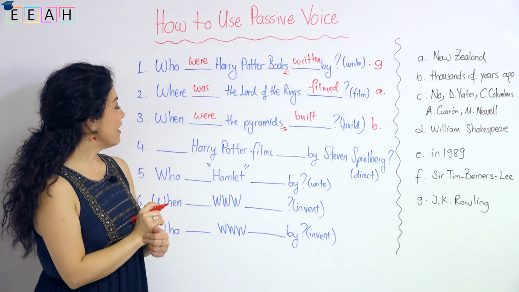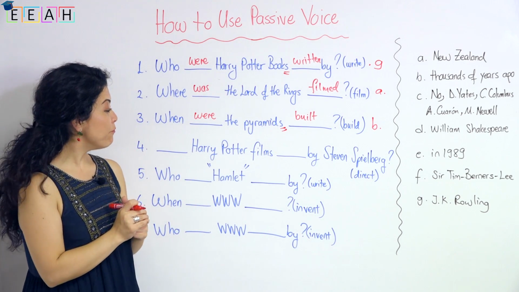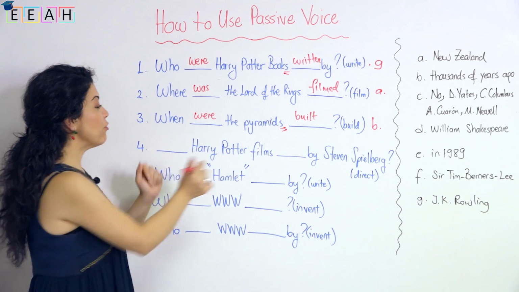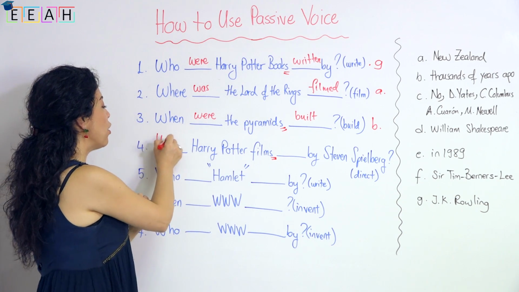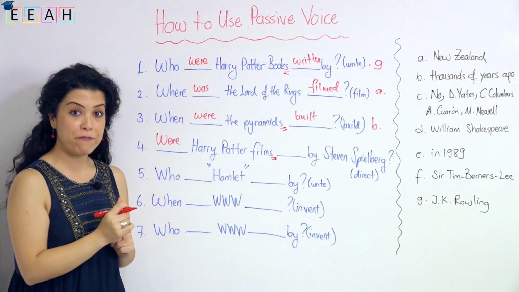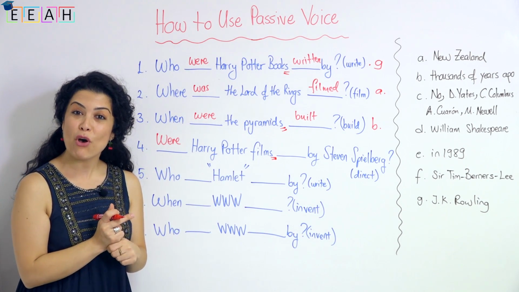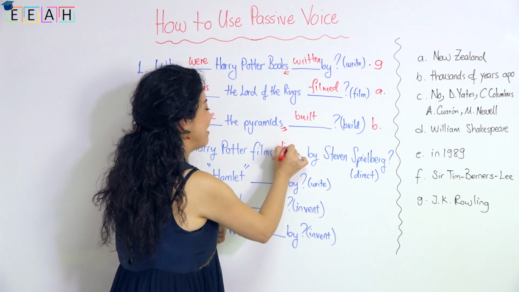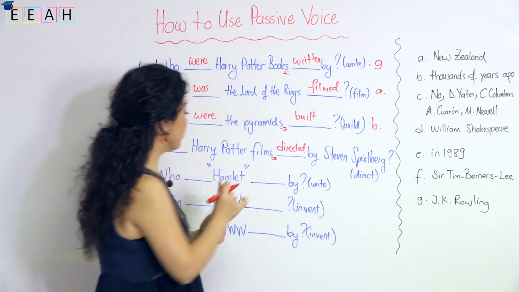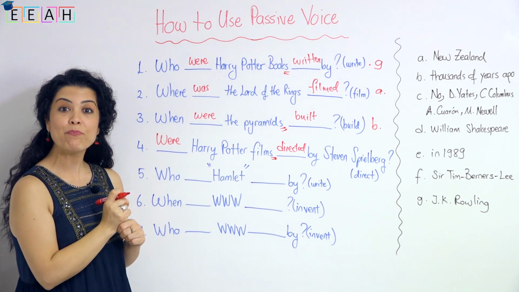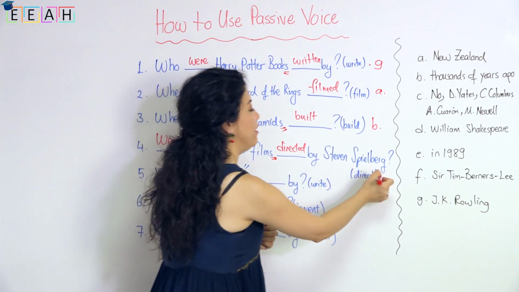Nice. And what about the Harry Potter films this time? Yes? So because we have the plural again, were Harry Potter films directed by Steven Spielberg? Okay? Directed. Nice. So were they directed by him? No, they were not.